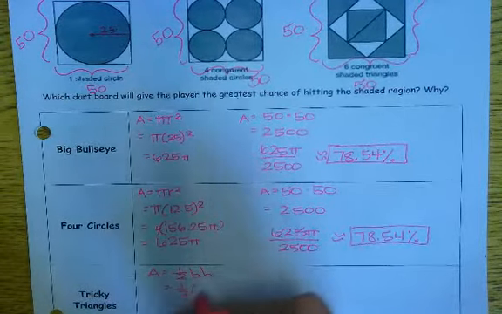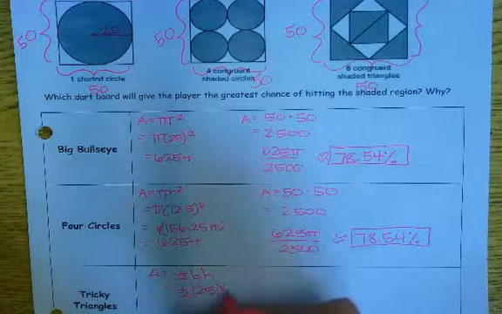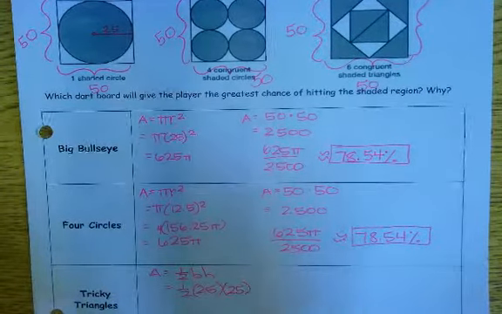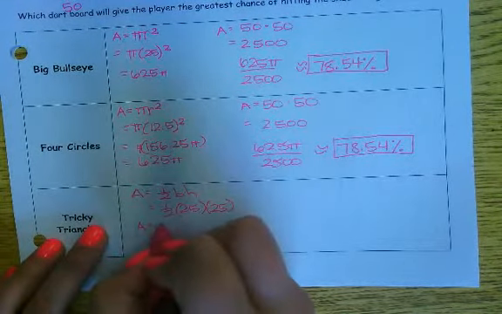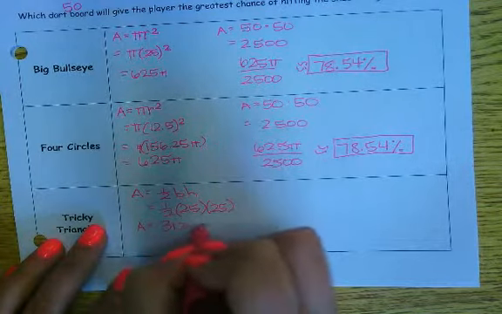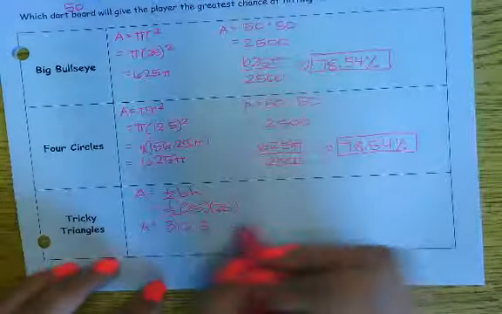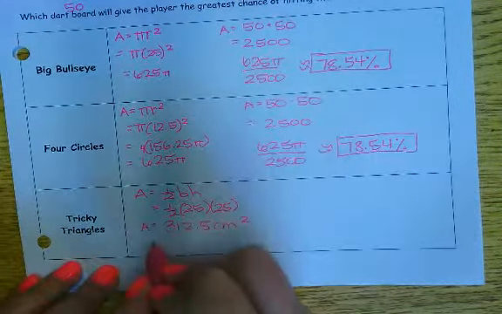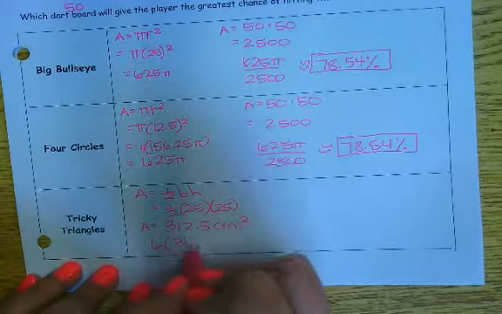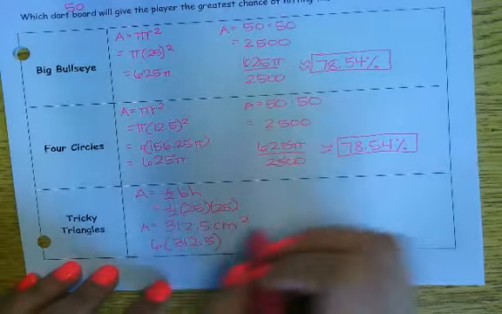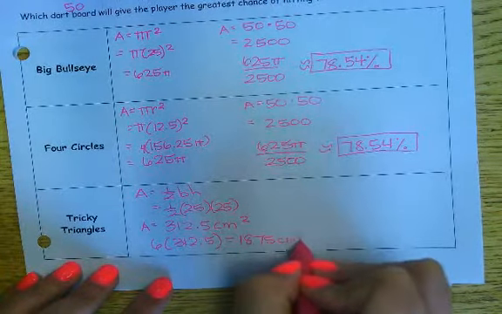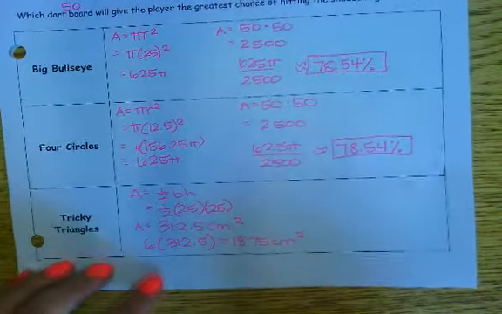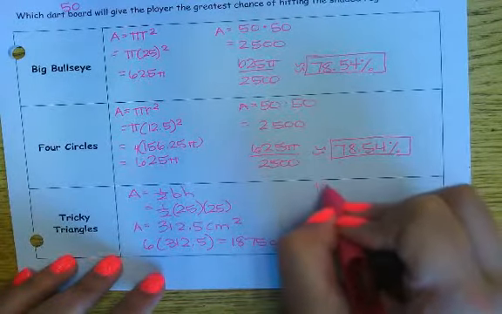So what's the area of one triangle? 312.5. And what do you need to do now? Very good. Multiply by 6. And that is what? Okay, and our last step is finding the percent. So 1875 over 2,500. 75%.